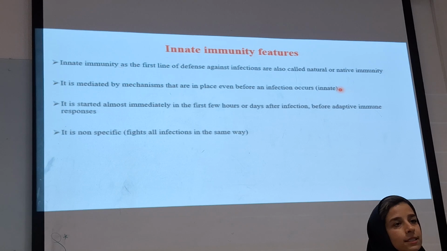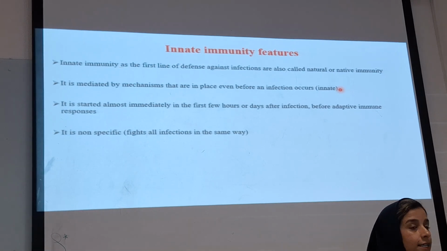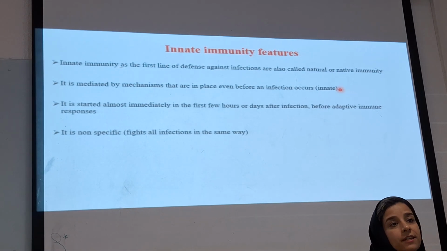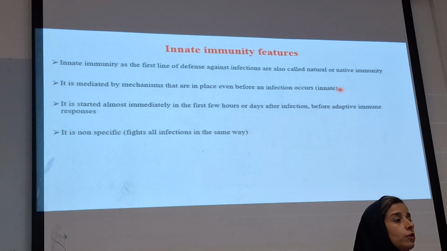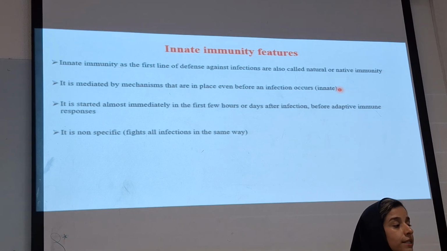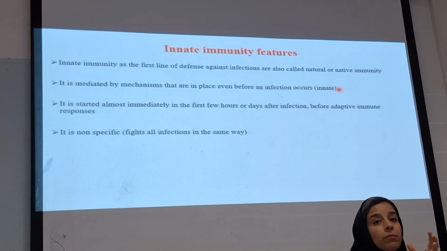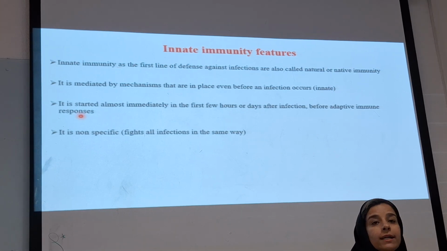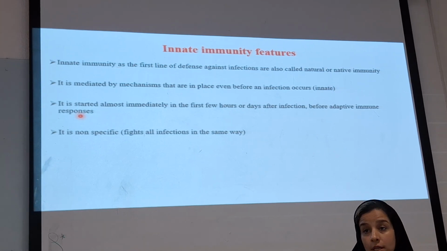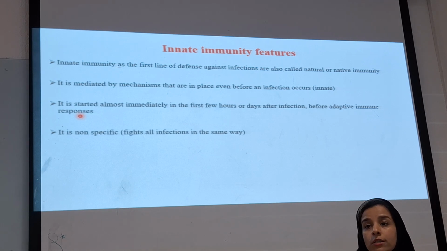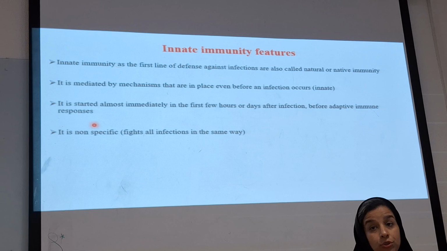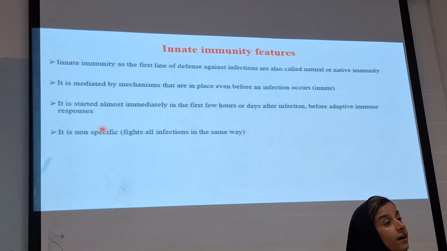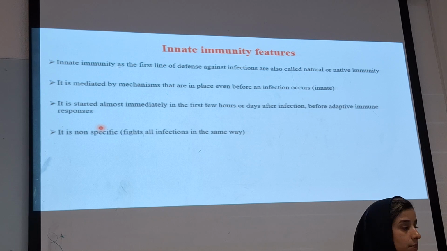Its defense mechanisms are present even before a pathogen enters our body. Also, innate immune responses start a few hours or days after the pathogen enters, so they are really fast compared to adaptive immune responses.